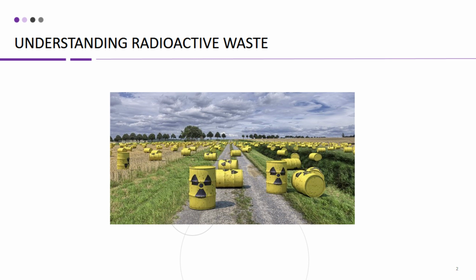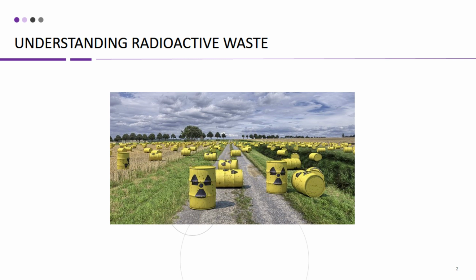First, let's start with understanding what radioactive waste is. Radioactive waste refers to materials that contain radioactive isotopes, which are atoms with unstable nuclei that undergo radioactive decay, emitting ionizing radiation. Radioactive waste can come from various sources, including nuclear power plants, medical facilities, research institutions, and industrial processes that use radioactive materials.